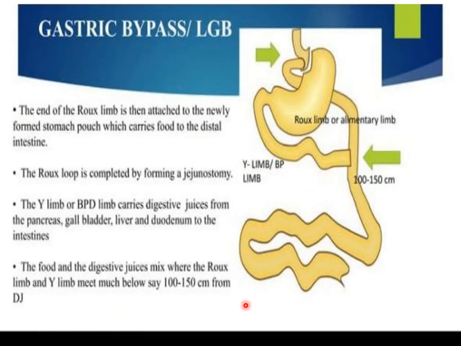Then the Roux limb of the jejunum will be anastomosed with the small pouch, and the biliopancreatic limb will be anastomosed side by side to the jejunum, right here. So if you note here, there is a Y-shaped reconstruction of the gut, that's why it's called a Roux-en-Y bypass.